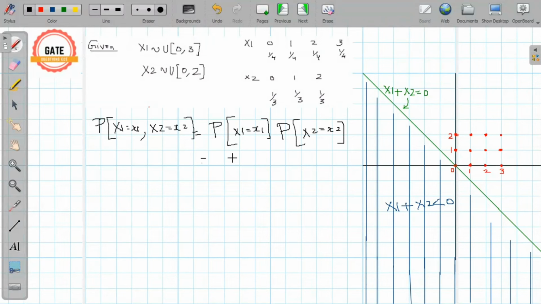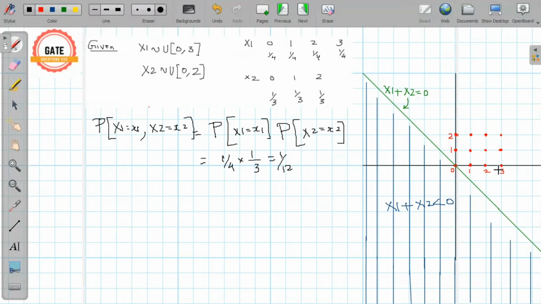So in all the four cases it is 1 by 4, and it will be 1 by 4 into 1 by 3 for all these three cases. So it will be equal to 1 by 12 for all the 4 into 3, 12 points.